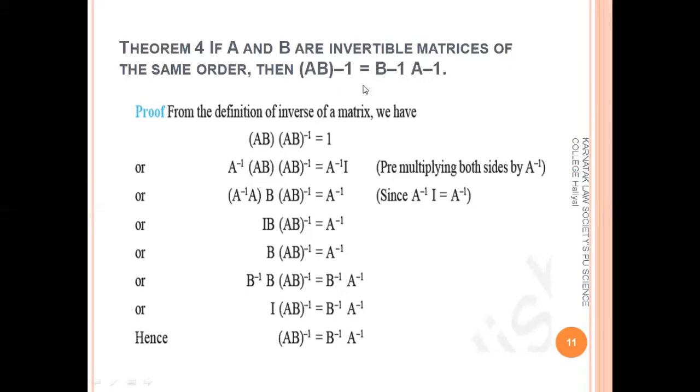In the question, (AB) inverse is there, so here also I have (AB) inverse. I will not change that one. I already have the LHS part.